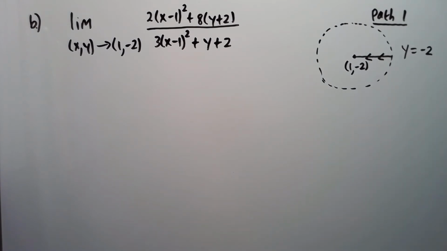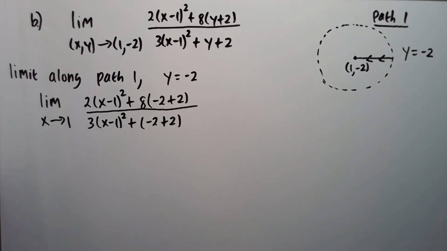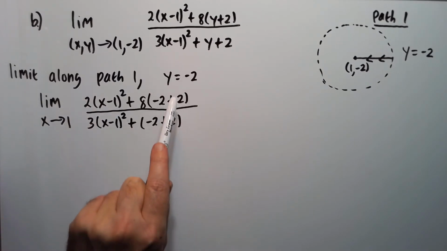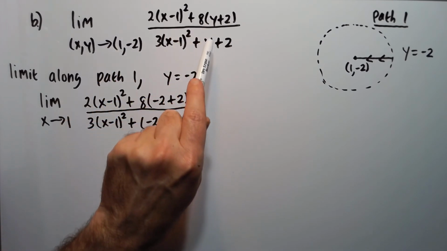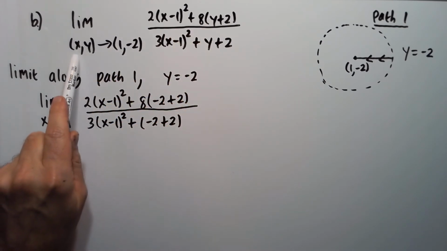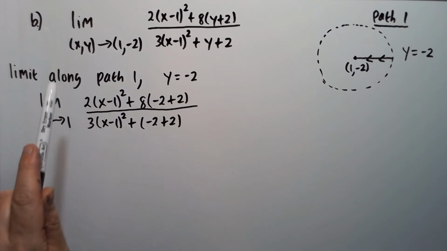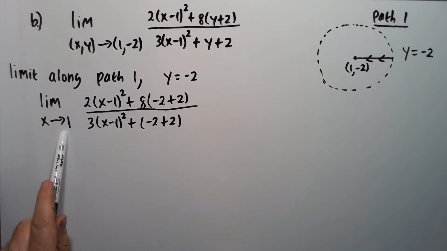Okay, so let's find the limit along this path. The limit along path 1, that's when y is -2. So I'm going to go up here and replace y, writing -2 everywhere, and x will be going to 1.